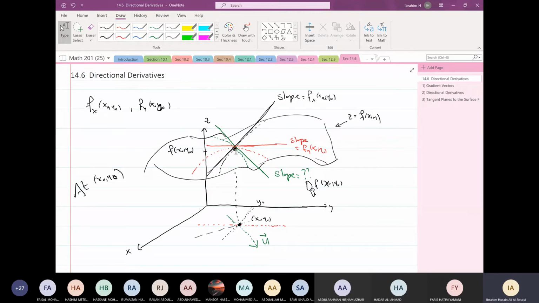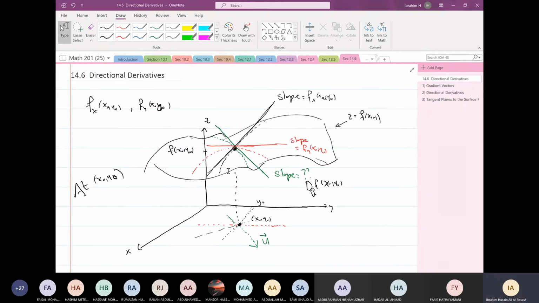At the end, at x0, y0, you will end up with infinitely many tangent lines, and hence infinitely many slopes. Okay. Now the question is the following: what is the largest slope and what is the smallest slope? Okay. What is the largest and what is the smallest?